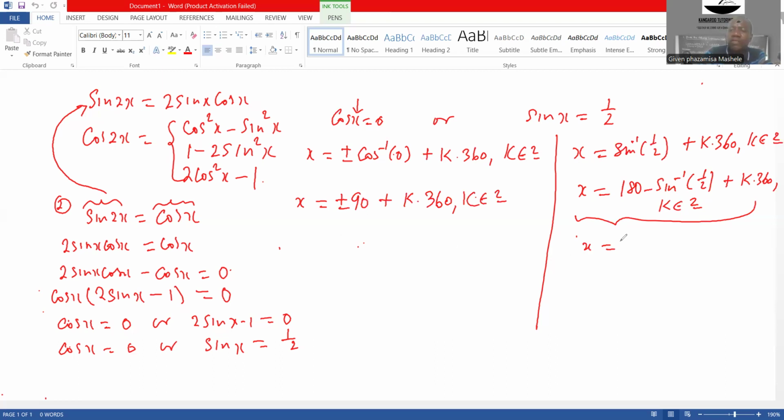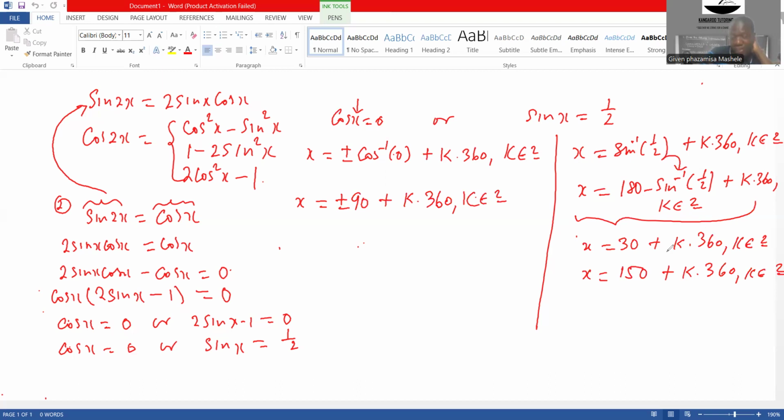So we're going to have 30 plus k times 360, where k is an element of integers. And the second one is 180 minus the first one, which is 180 minus 30, which gives us 150 plus k times 360, where k is an element of integers.